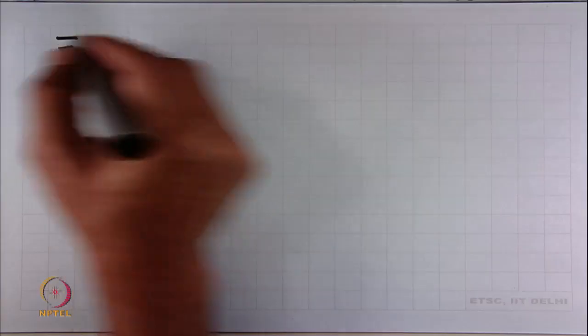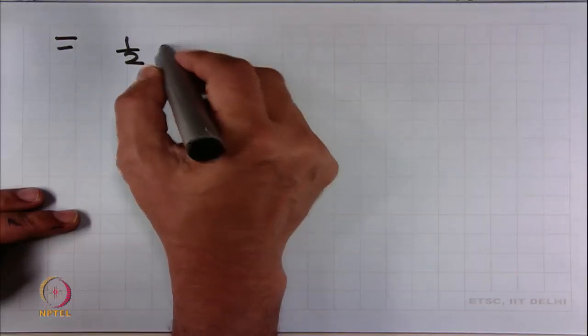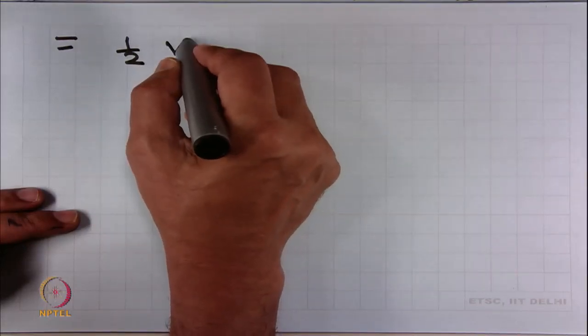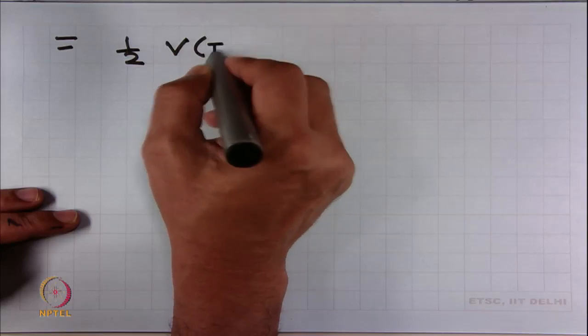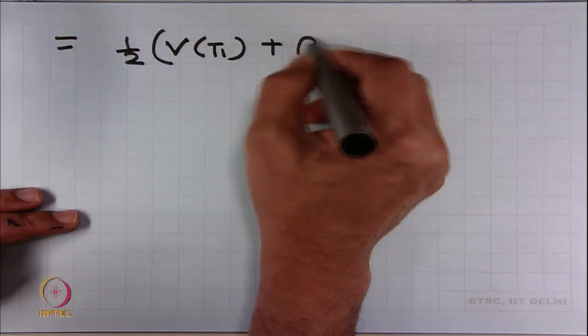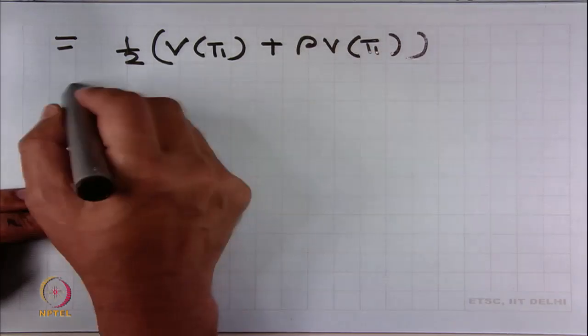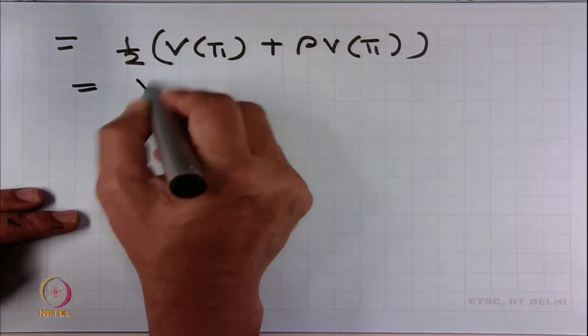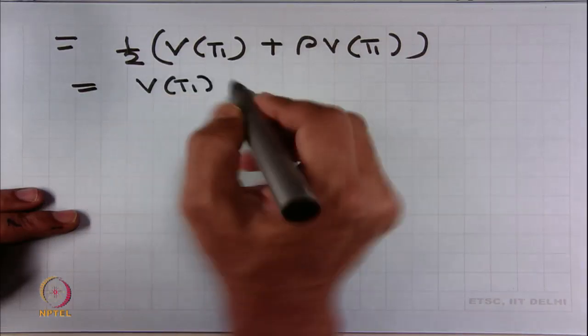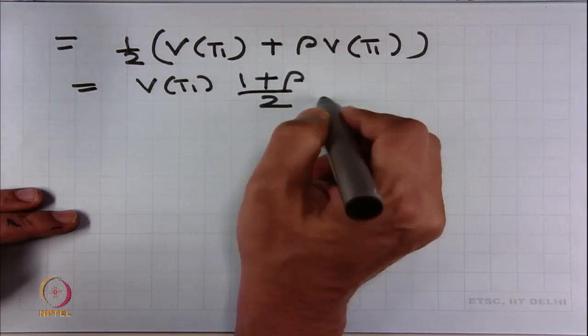This is equal to half into variance of T1 plus rho variance of T1, which is equal to variance of T1 into 1 plus rho by 2.